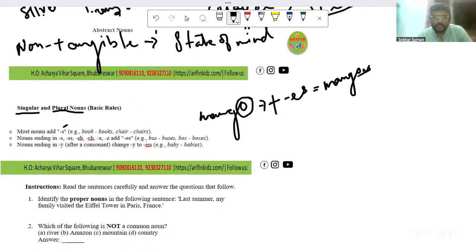Right. So this is what we have learned about. There are certain nouns that end in Y. Can you name a noun? For example, lady. It ends with a Y. Isn't it, children? Go is a verb.